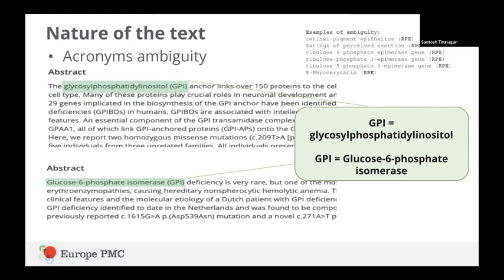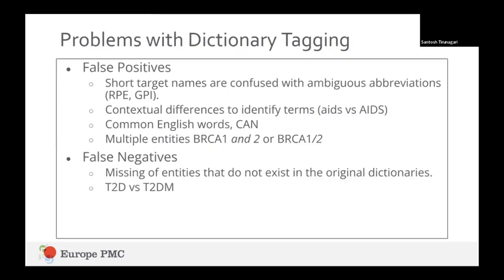In another instance, it could be the ribulose phosphate 3 epimerase gene. So there are several variations of the word RPE, and this leads to ambiguity. Overall, we will see a lot of false positives and also false negatives.